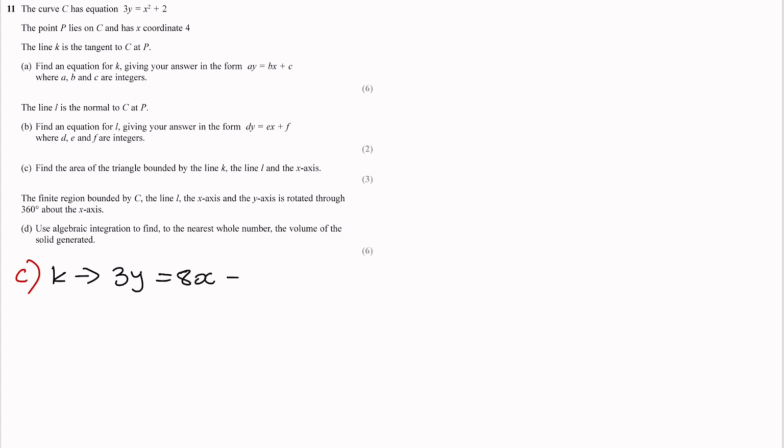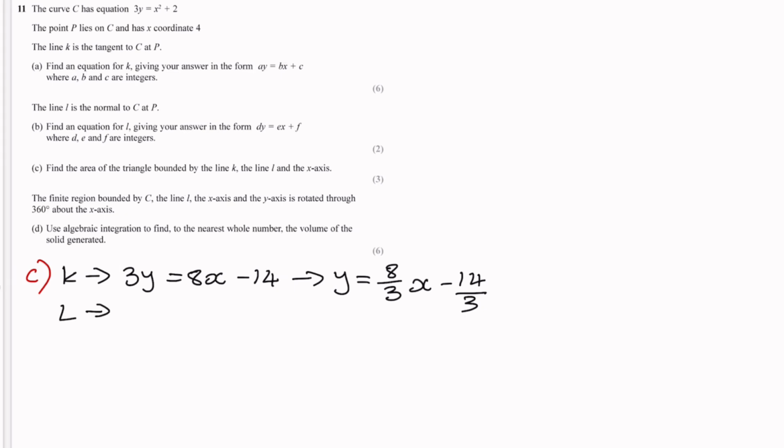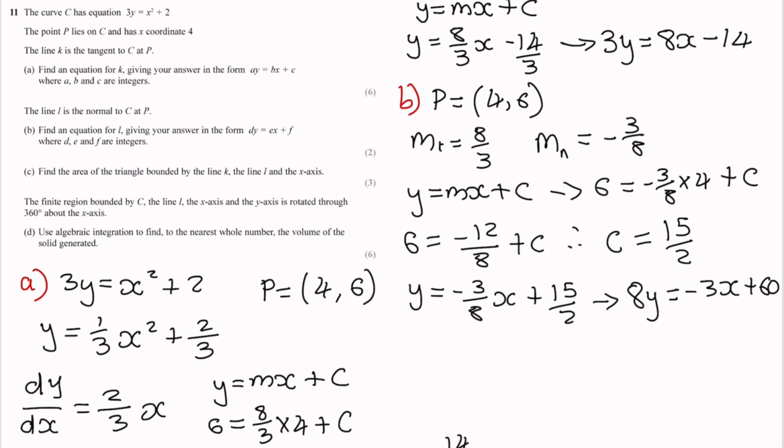Now I'm just going to rewrite that as y equals, so it's easier to sketch. So y is equal to, divide everything through by 3, 8 over 3x minus 14 over 3. And then we also know from part B, the line L has the equation 8y is equal to minus 3x plus 60.